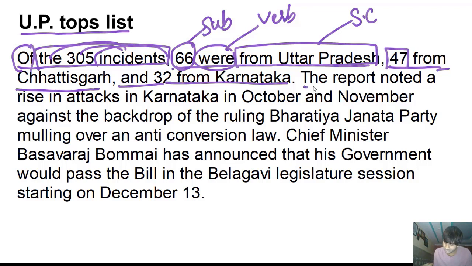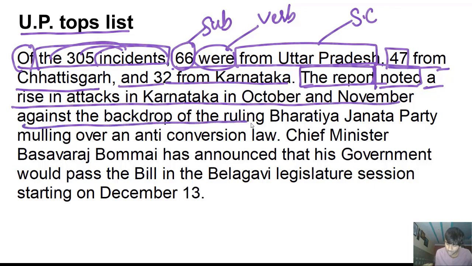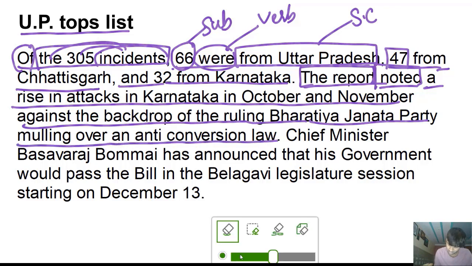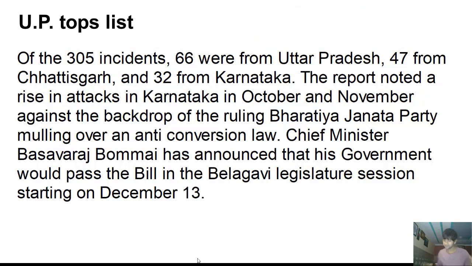The report noted: the report is the subject, the article is a determiner, pre-modifier, report is the noun, noted is the verb. Noted what? You can note something, right? A rise in attacks in Karnataka in October and November against the backdrop of the ruling Bharatiya Janata Party mulling over an anti-conversion law. Let's clear this first of all. The report noted what?